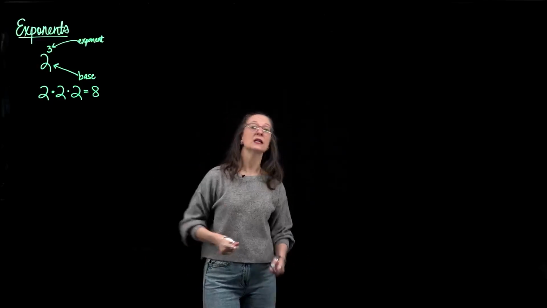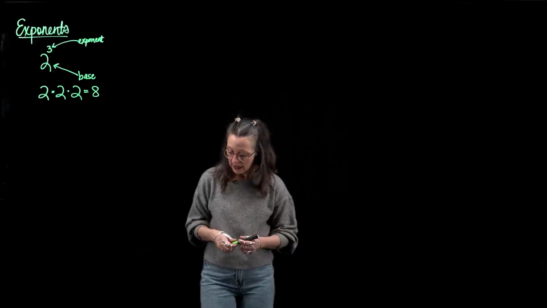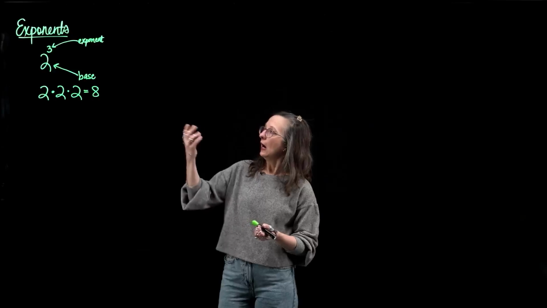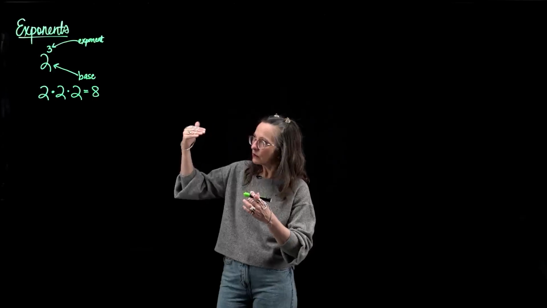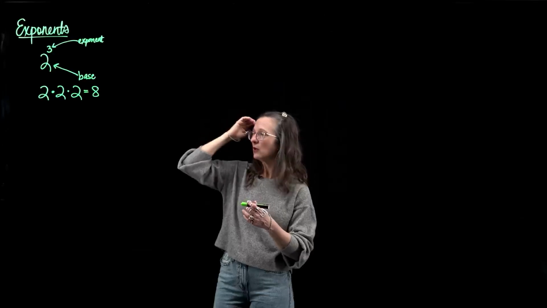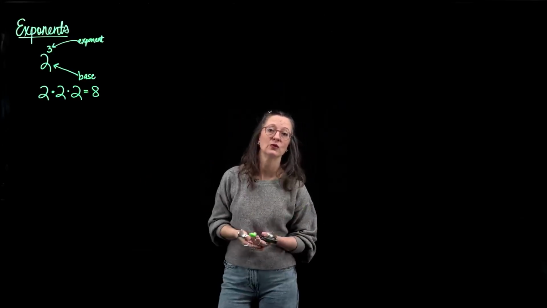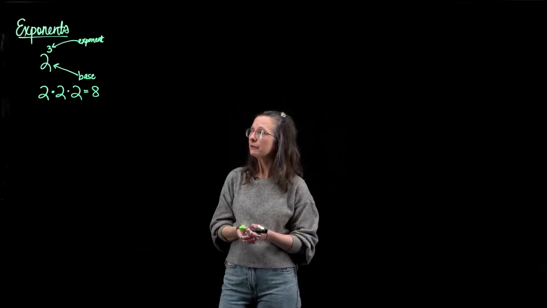And so we use exponents as a shortcut for writing this. We always read it as the base to the power, so 2 to the third. We don't want to confuse that with 2 times 3, which is a very different thing.